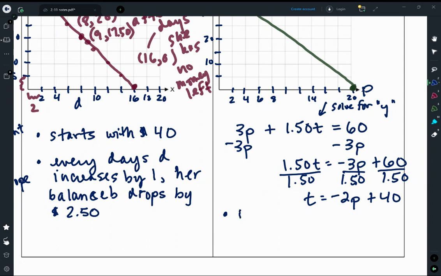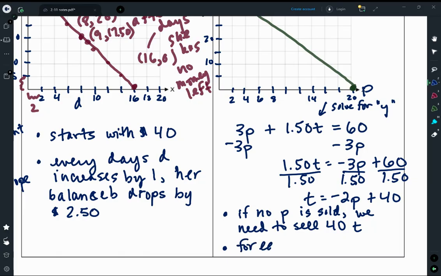So if no popcorn, if no p is sold, we need to sell 40 cups of tea, 40 tea, and I'm just writing this really short because I'm running out of space here.